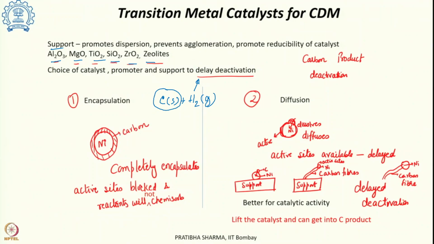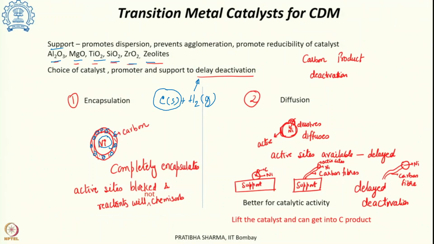But this solid can deposit on the catalyst, like on this nickel catalyst. If this carbon is deposited over the nickel surface, what will happen?